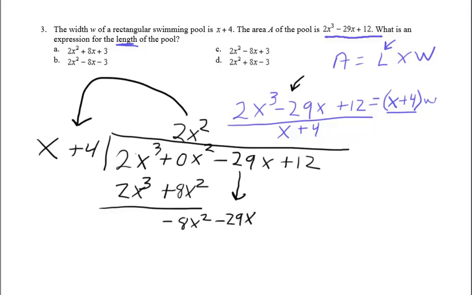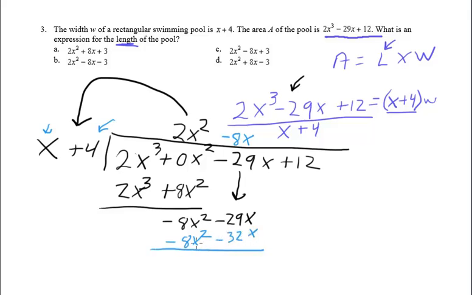And now I just see how many times does this x here go into negative 8x. Well, it goes in negative 8x times. That's negative 8x squared. And negative 8x times this 4 is minus 32x.